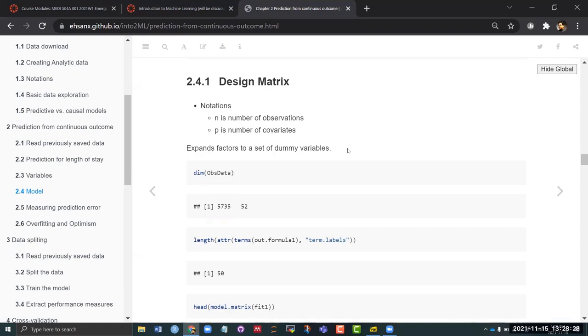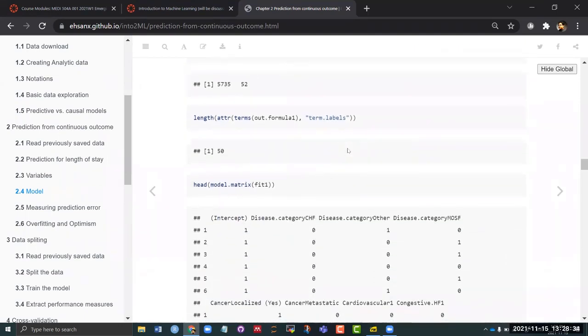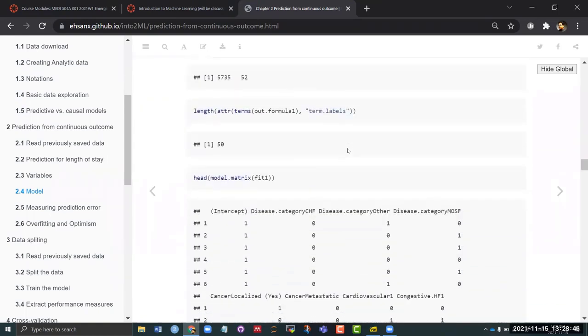So in that, what we are basically doing is converting the data that we have into a model, into a design matrix. So think about how many covariates we had. We had exactly 50 covariates, not more, not less, right? Exactly 50 covariates. And if we include the intercept term, it will be 51 parameters, right?